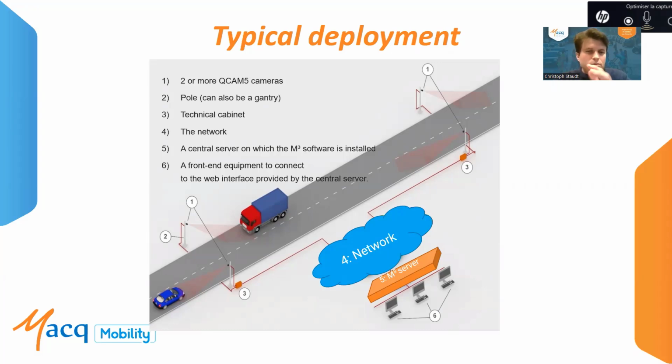Normally you will merge all these technical aspects in one technical cabinet. Then you have the network, which can be either cable-based, so Ethernet, or wireless, 4G for example. And then you have the back office based on the central server, which is called MQ software. MQ stands for Macq Mobility Manager.